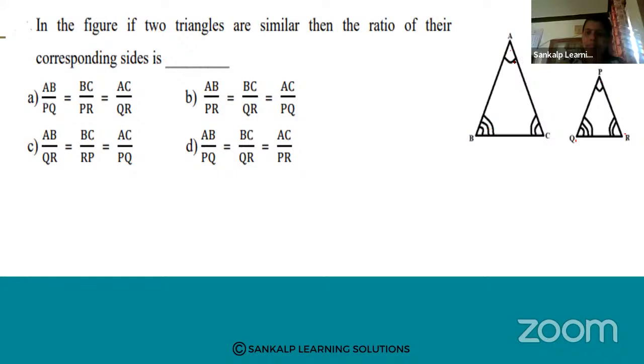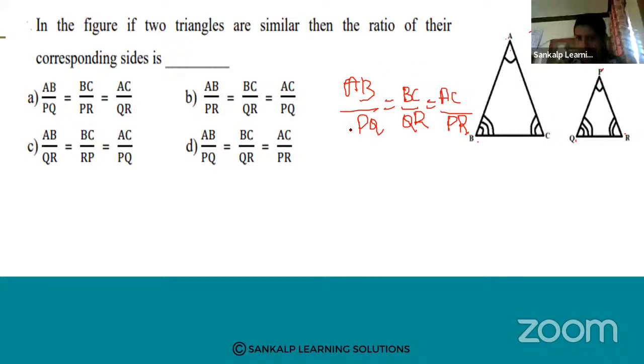AB divided by PQ, BC divided by QR, and AC divided by PR.